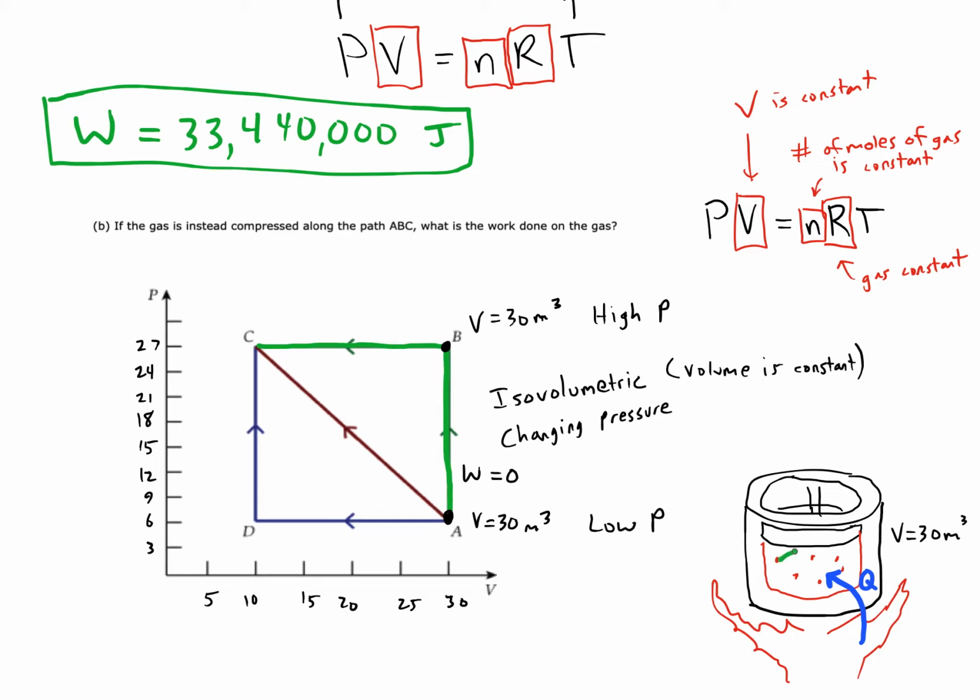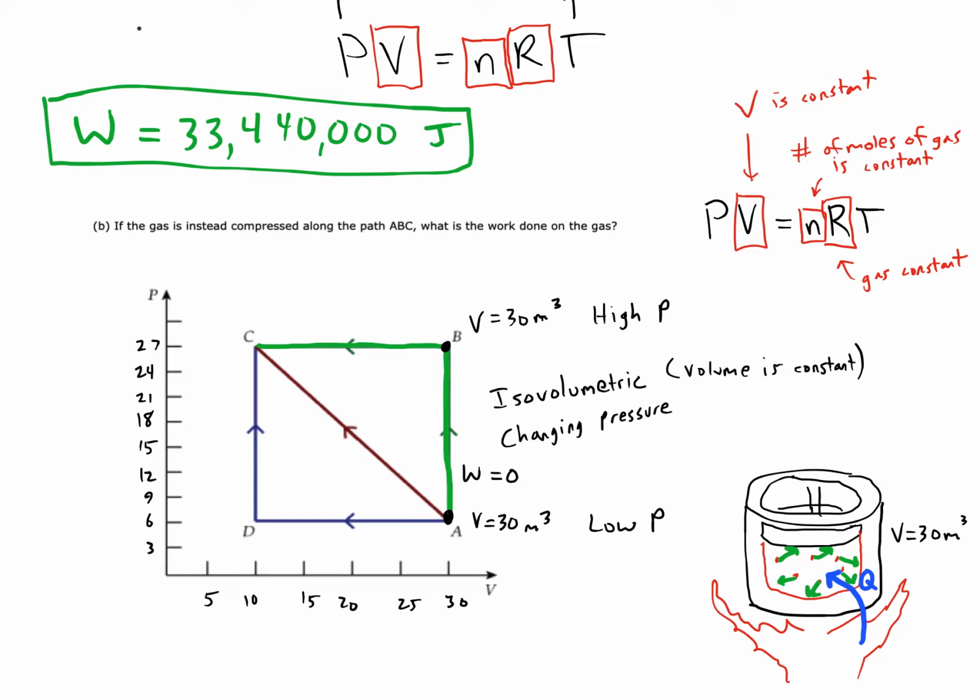And that means that the temperature could increase. Now the particles are really moving a lot faster. They're hitting the container walls a lot more. So now you've got higher pressure if you do that. Okay, so that is path AB.